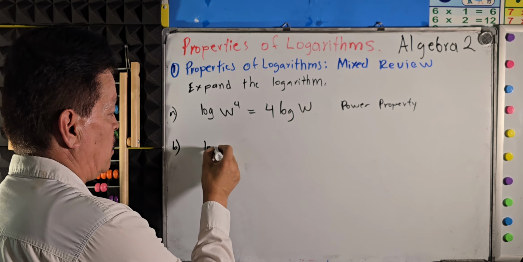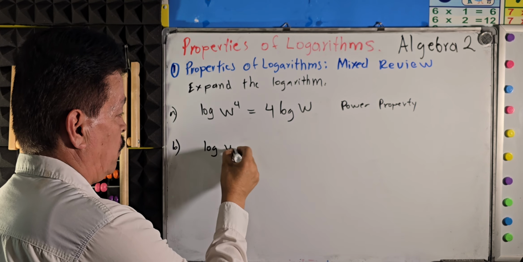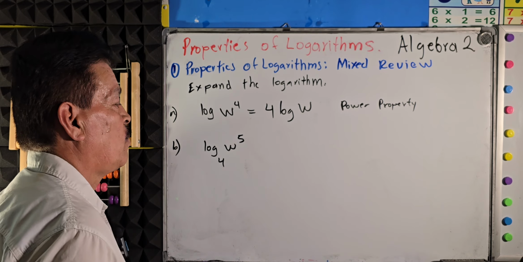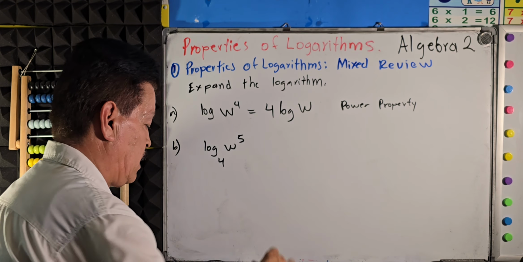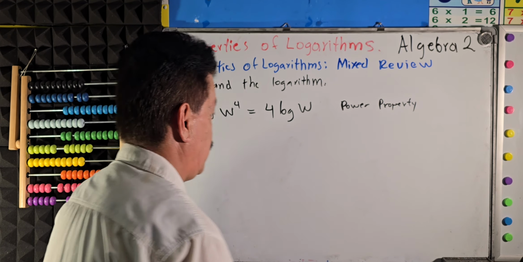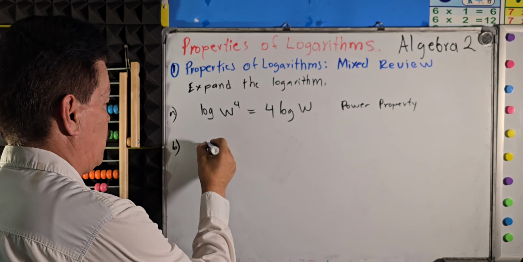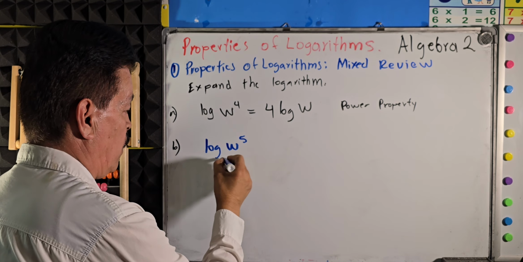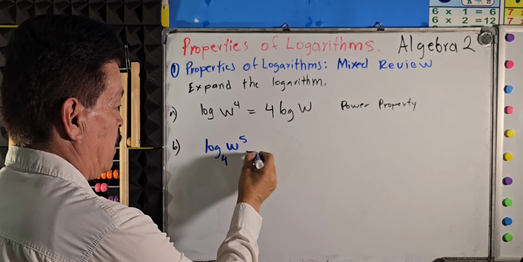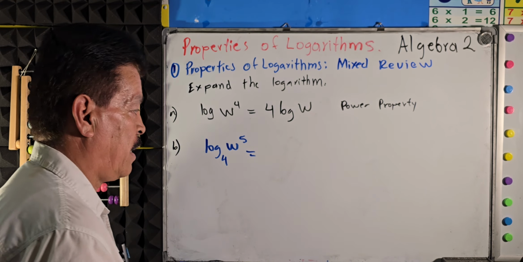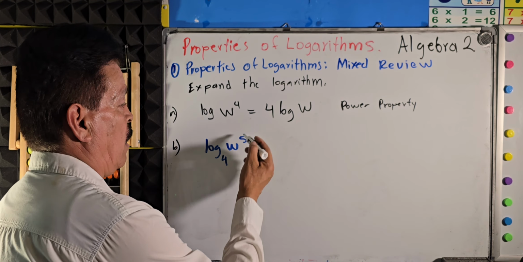So let's write another problem. Let's write log of w to the 5th power with the base 4. Let me use another color to write the problem to see the difference. So this is our problem: log of w to the 5th power with the base 4. What is it equal to?